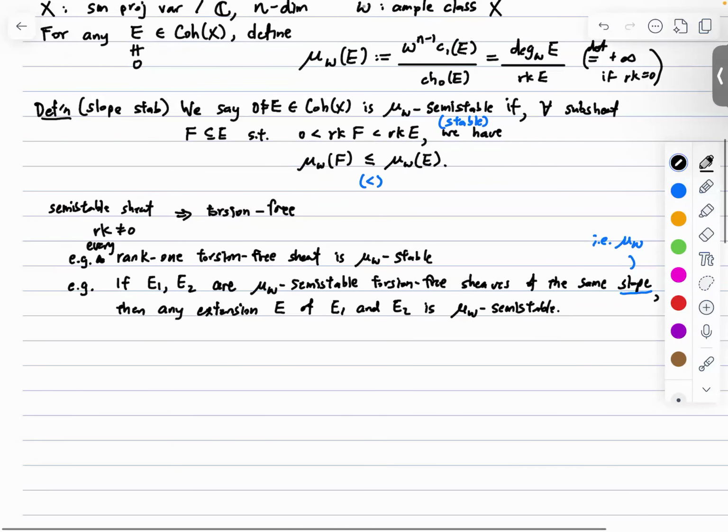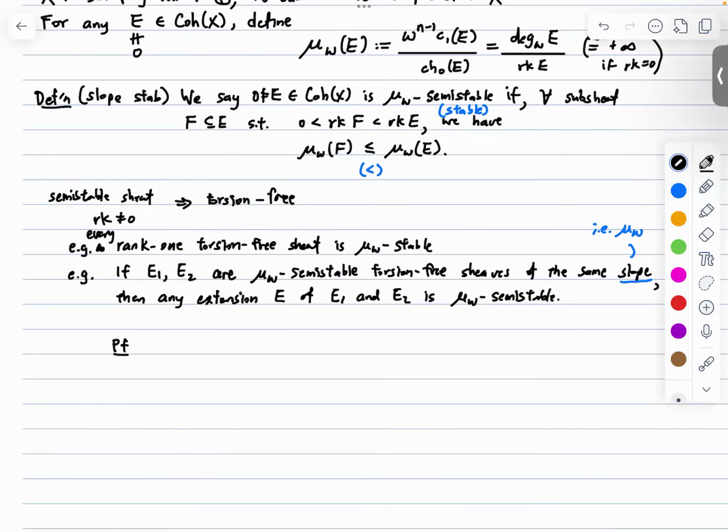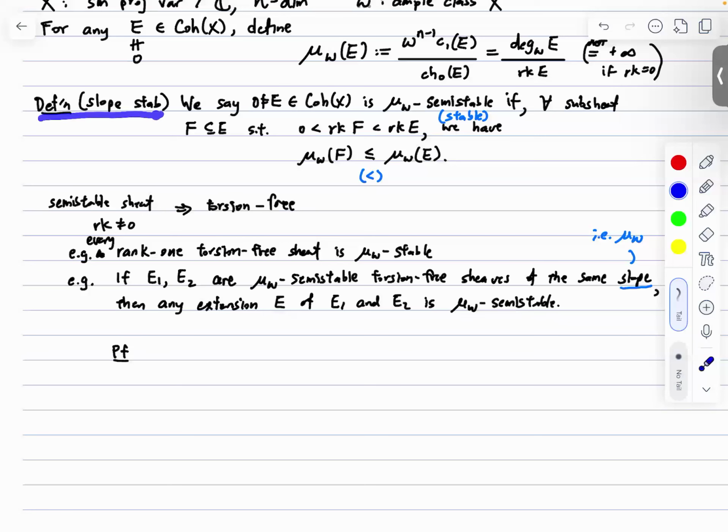And so here's an outline of a proof of this statement. If we want to check that this extension is slope semi-stable, then according to the definition of slope stability, we have to take an arbitrary subsheaf with this condition on its rank, and check that the slope of the subsheaf is less than or equal to the slope of this sheaf E that we're hoping to be semi-stable.